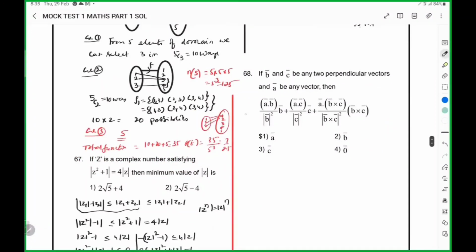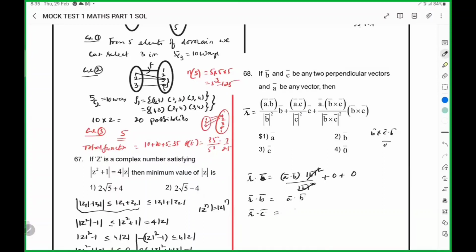Here let us say this is r bar. So r bar dot a bar, if you take a dot b, by b dot b, b dot b will be mod b square by mod b square. C dot b is 0. Here b cross c dot b will come, that is also 0. So r dot b will be a dot b.